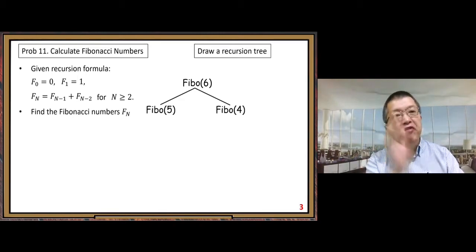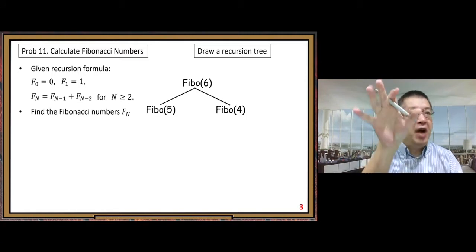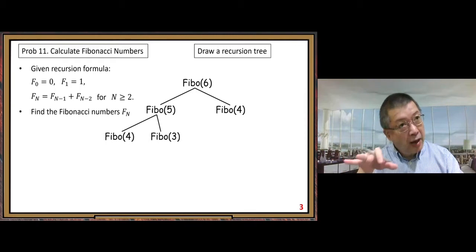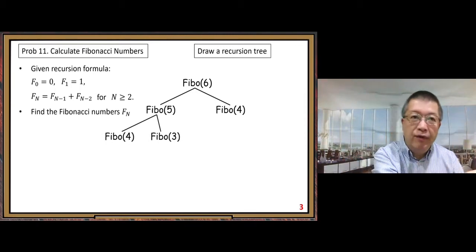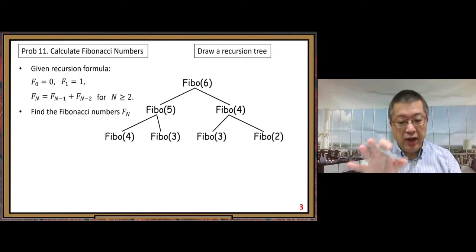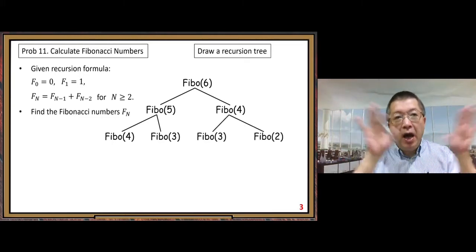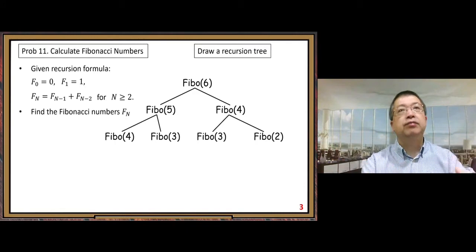You need to find fib of 5 and fib of 4 before you can get the value of fib of 6. Similarly, we need to go down, right? To get fib of 5, you need to get fib of 4, fib of 3, and so on. So we keep expanding our recursion tree from root to leaves, right?